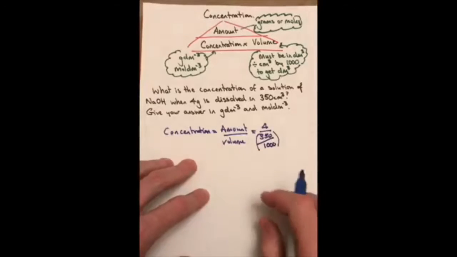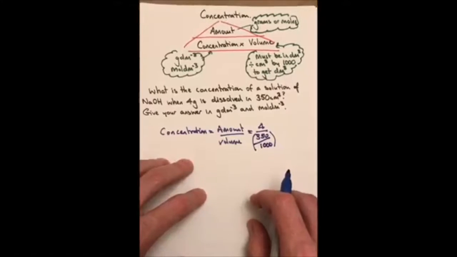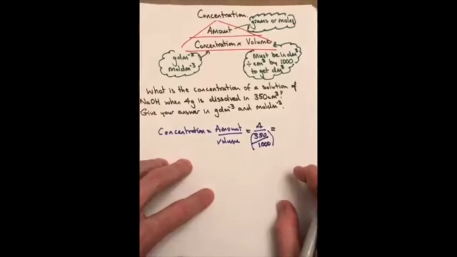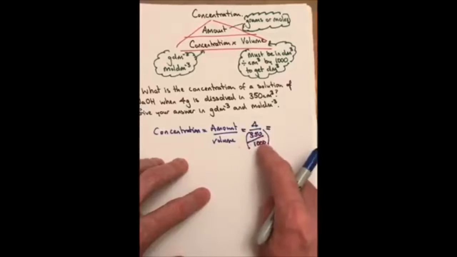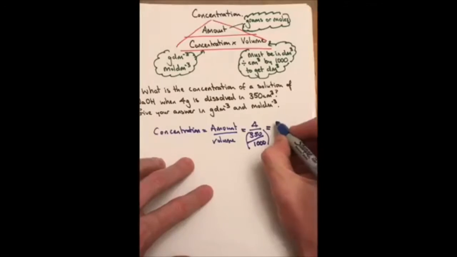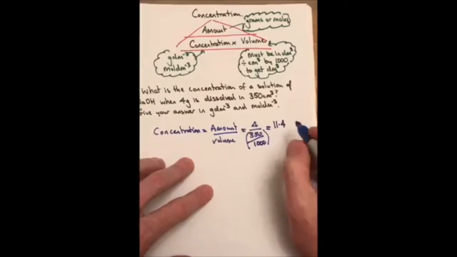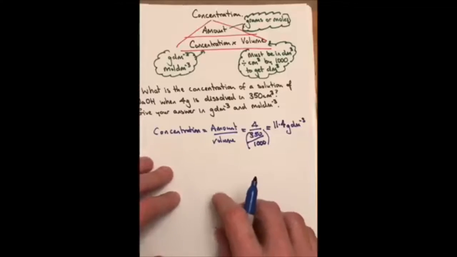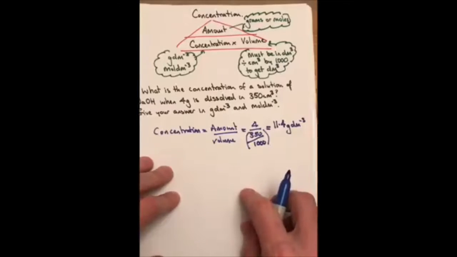Remember to do that very important step. If I do this on my calculator, I put in 4 and then divide by the 350 divided by 1,000. I'm getting an answer of 11.4, and then the units are grams per decimeter cubed. So that would be the concentration in grams per decimeter cubed.